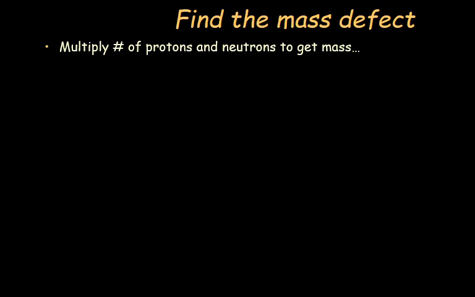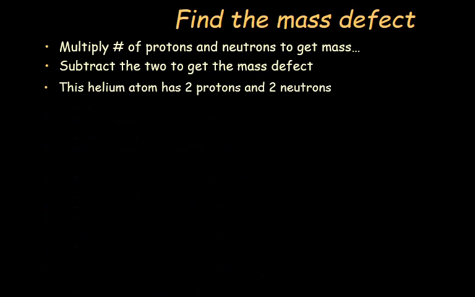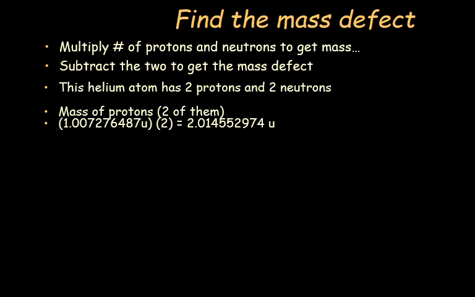So now what we can do is find the mass defect, and this is going to be very significant for us moving forward. What we do is we take the number of protons and the number of neutrons and get the mass, and then we'll subtract to get the mass defect. So the helium atom has 2 protons and 2 neutrons. The mass of 2 protons is the mass of a proton, 1.007276487, multiplied by 2, and we get this value.